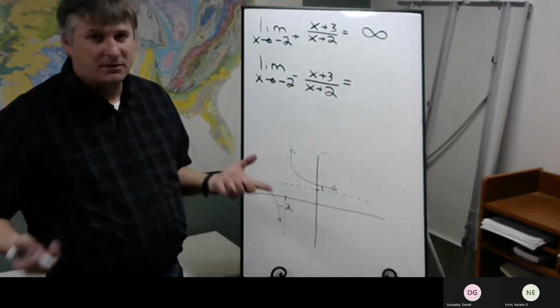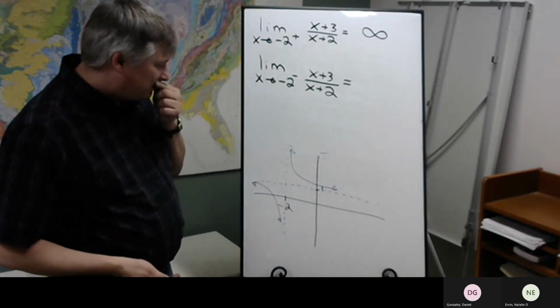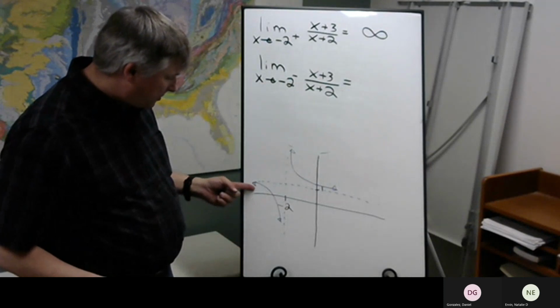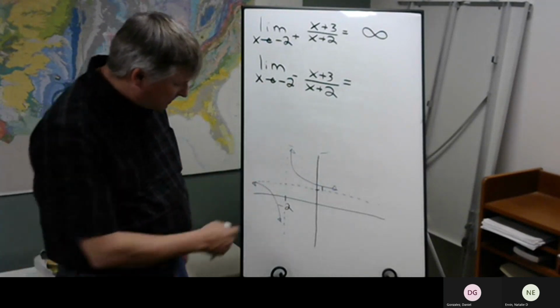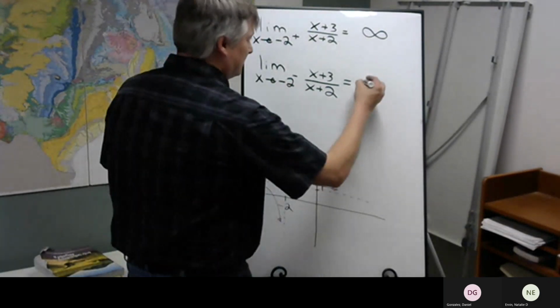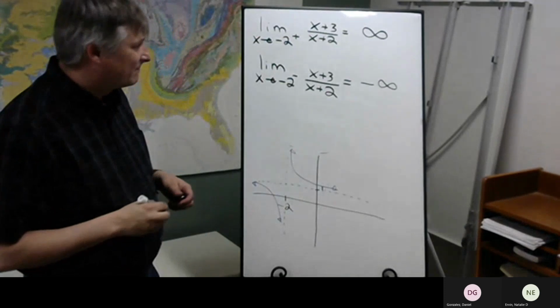And again, I've been calling this a vertical asymptote. From algebra, that's what we've been doing. But to put this in the language of calculus, as we approach from the left, once we get close to negative 2, our function is going to drop down. I get negative infinity.